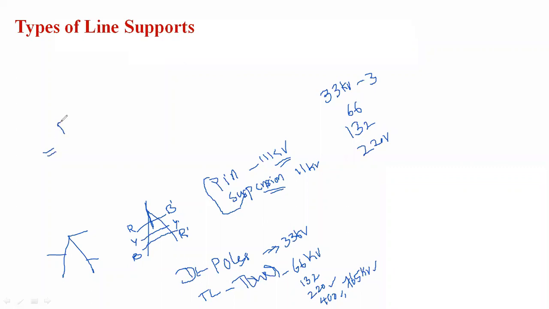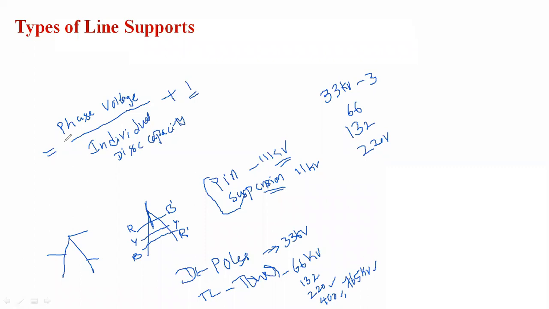We take the phase voltage divided by the individual disc capacity, plus 1 spare disc or additional disc.